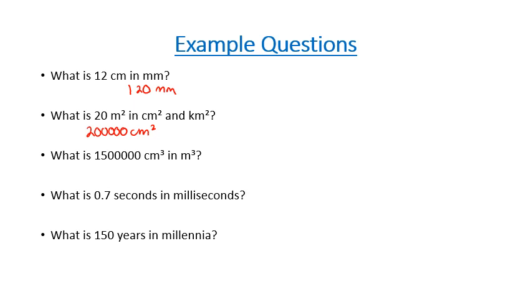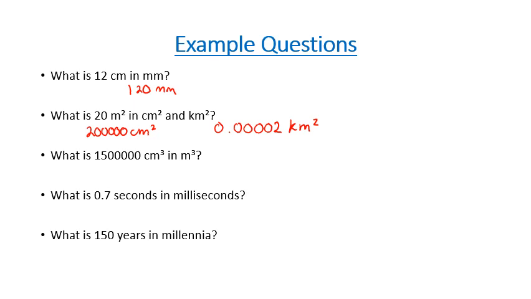This time we need to divide by 1,000 squared. So 1,000 squared is 1 million. We're going to divide 20 by 1 million. That's going to give us 0.00002 kilometers squared. Correct.